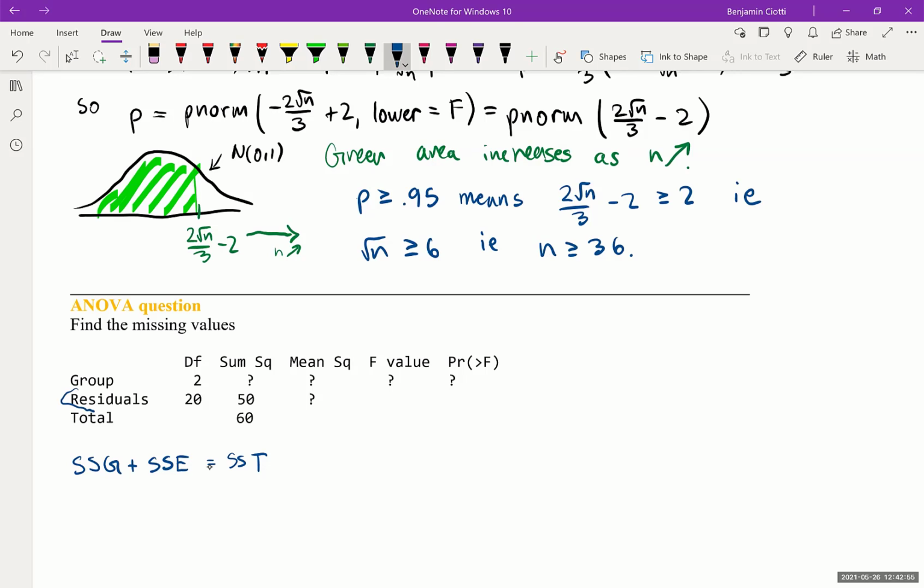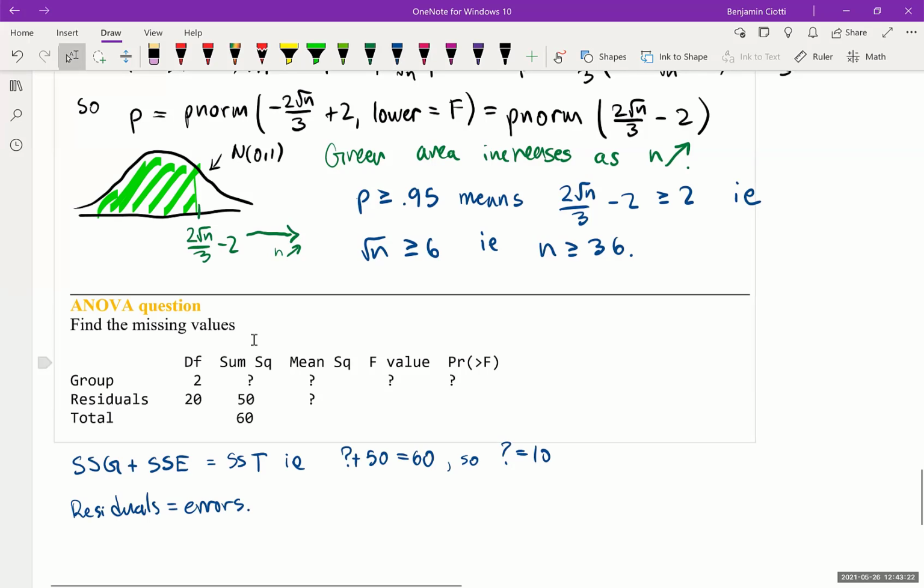By the way, I haven't used the word residuals very much, but it means errors. Anyway, so some number plus 50 is equal to 60. So that first question mark is 10. So let's put a 10 right there.